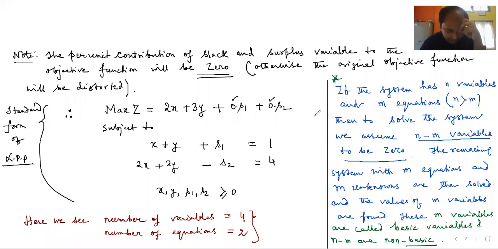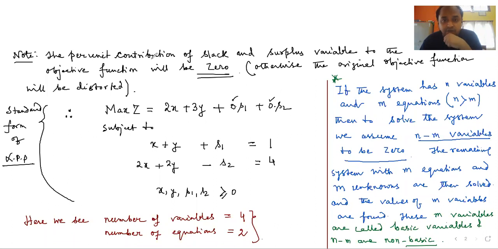So we try to find out the number of variables and the number of equations. If the number of variables is greater than the number of equations, we put n minus m variables to be 0, and then we solve the remaining system of m equations and m unknowns. We find the values of m variables.